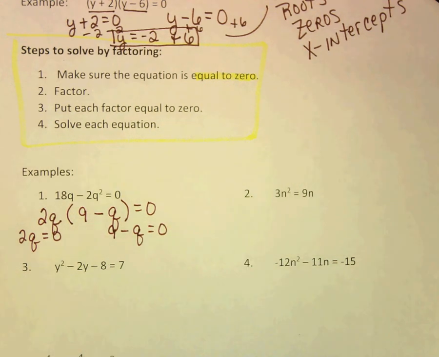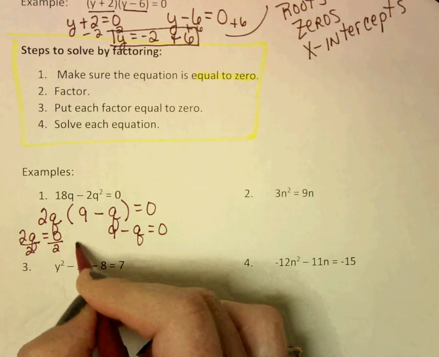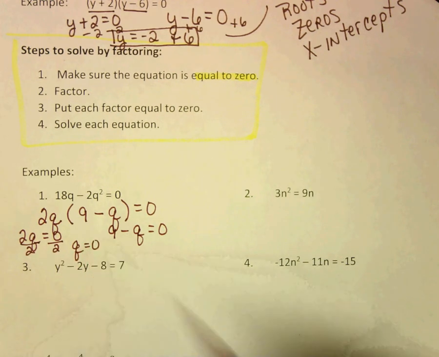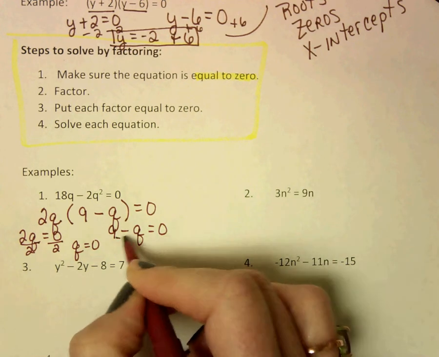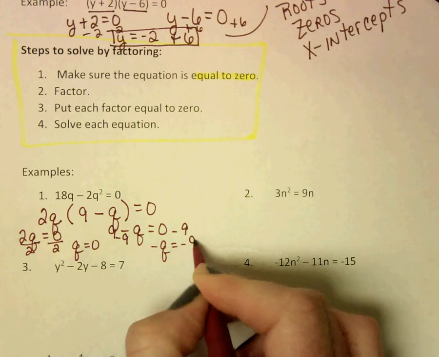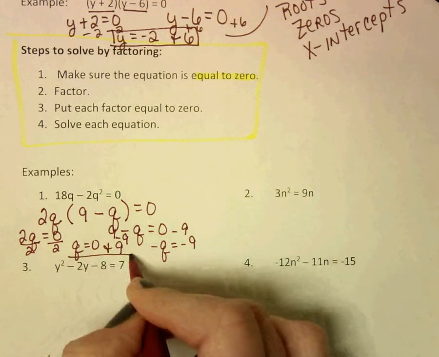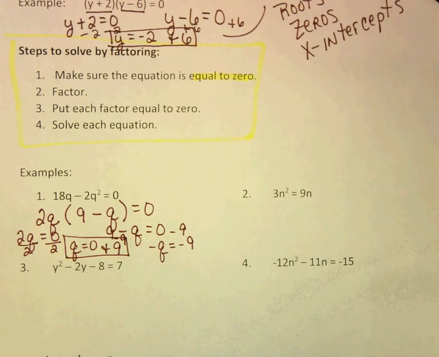And I'm going to solve each of those equations. Here, if we divide by 2, we get q equals 0. Right here, minus 9. Divide by a negative, and we get q equals positive 9. So my two solutions are 0 and 9.